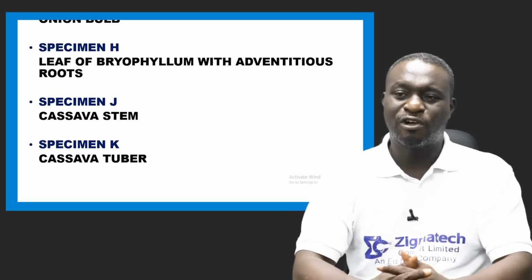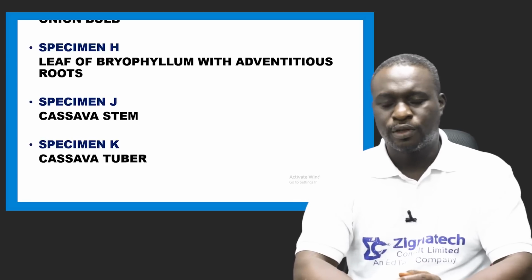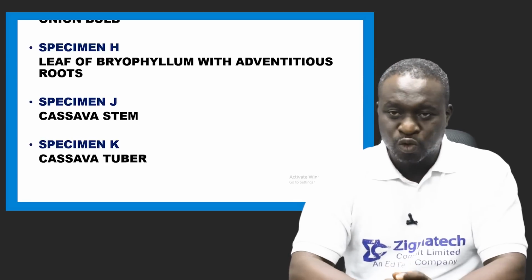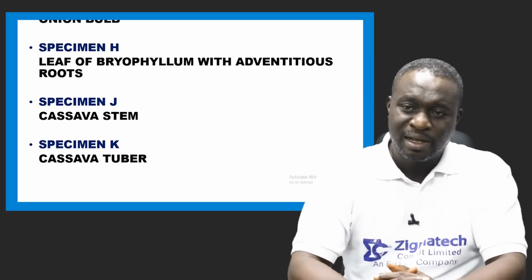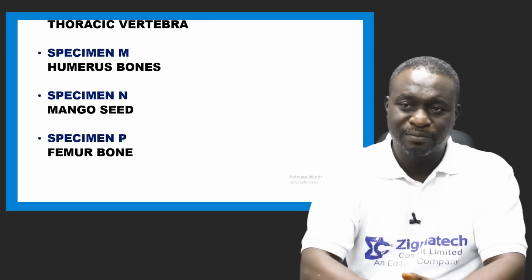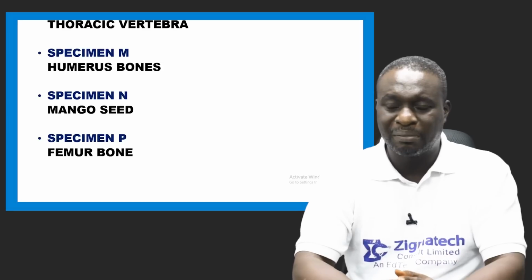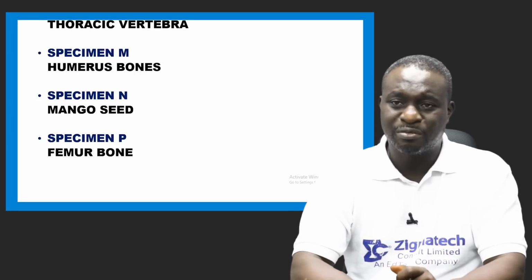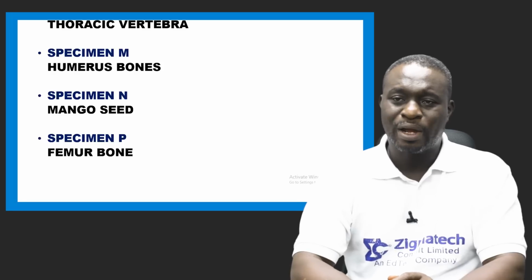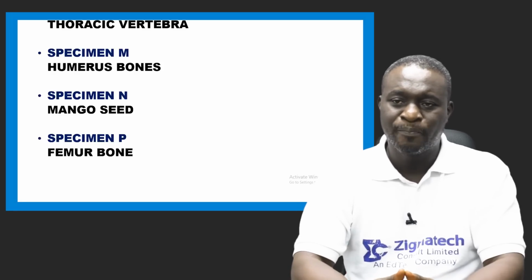We also have specimen J, which is cassava stem, and specimen K, which is cassava tuber. And then we have specimen L, the thoracic vertebra. Specimen M is the humerus bone.